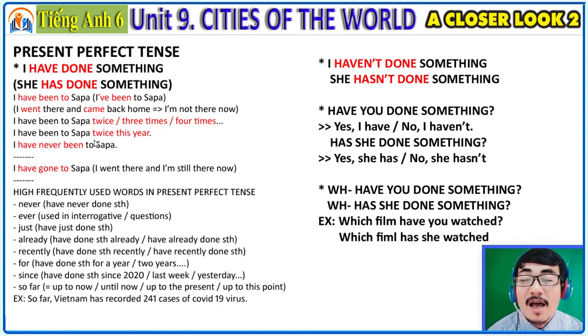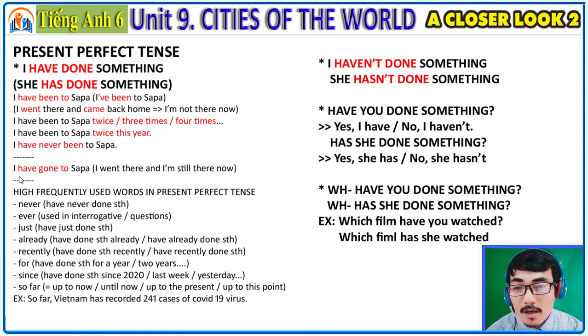For example, I have been to Sapa twice this month, twice this year, twice this summer, that kind of thing. I have never been to Sapa. I've never been to Hanoi. That means I never went there.